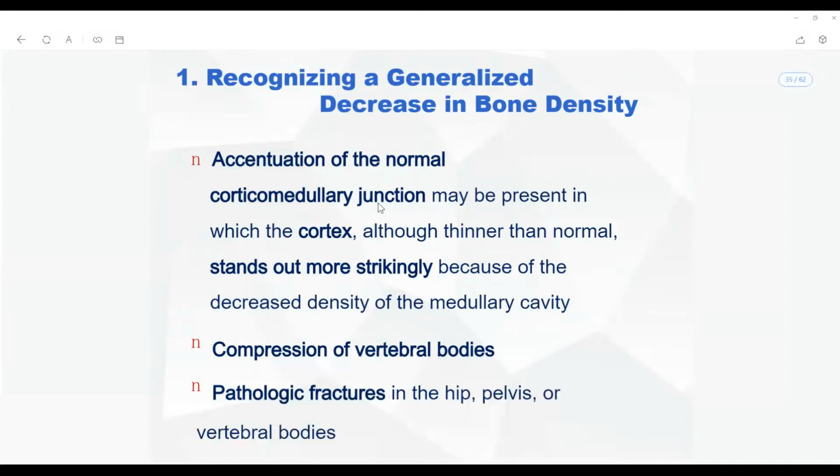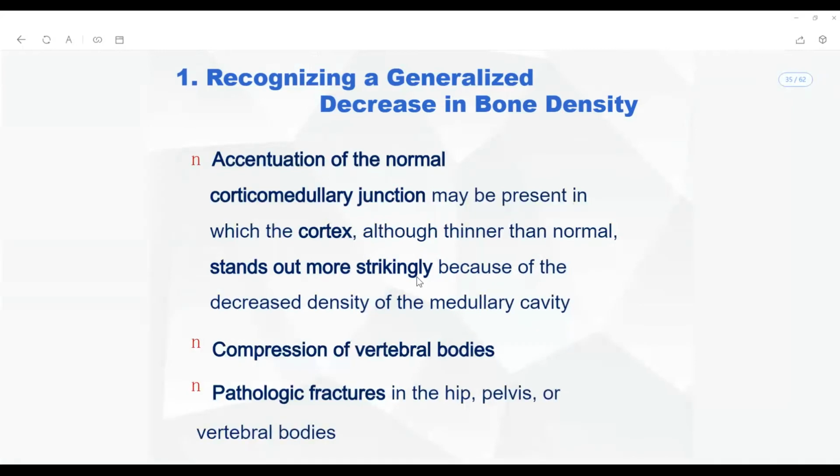So that is the second radiographic feature. And the other thing that happens is that they stand out more strikingly. That is the reason, because there is a decreased density of the medullary cavity. They become more prominent, more striking, more white.